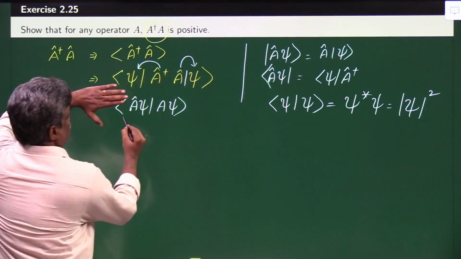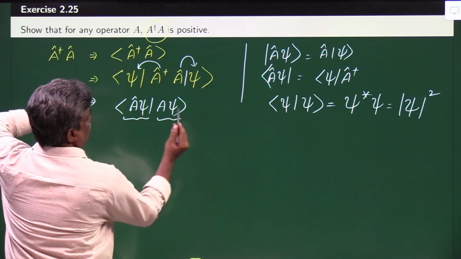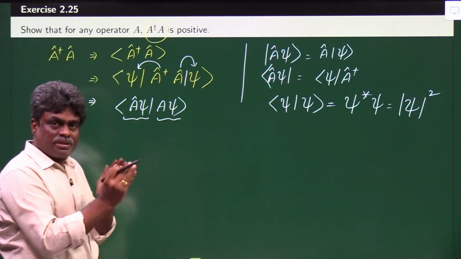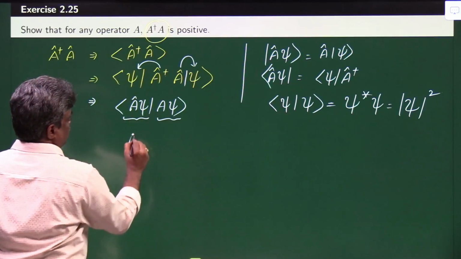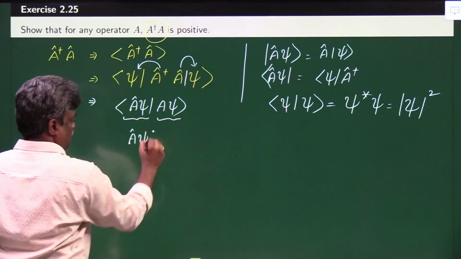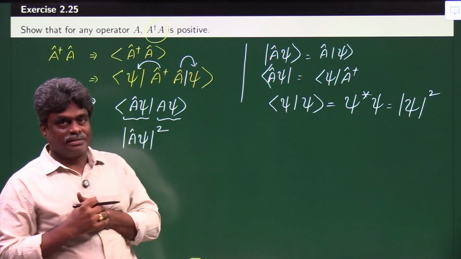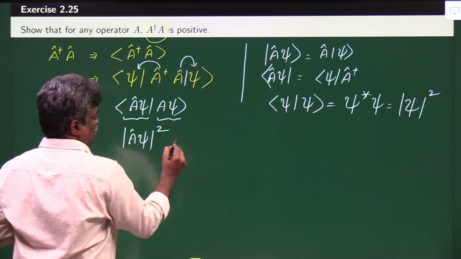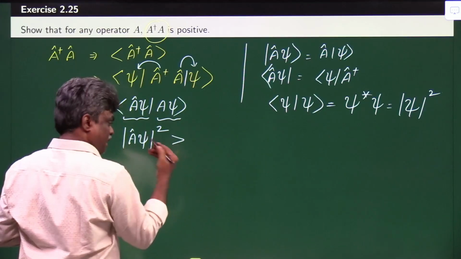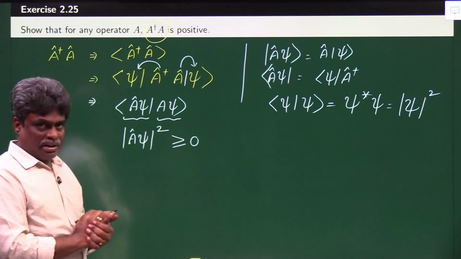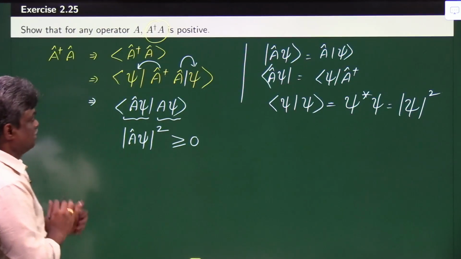So similarly, here we have something in the ket and something in the bra vector. Both are complex conjugates of each other, and we can write this as mod A psi square. So once you find that mod square, this is always positive, that means never negative, either positive or 0. So it is greater than or equal to 0, right?